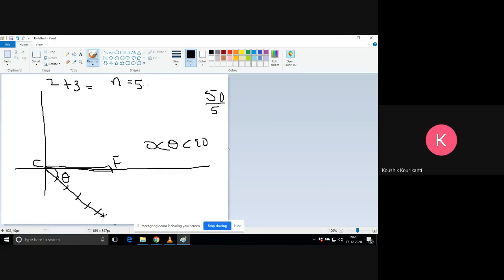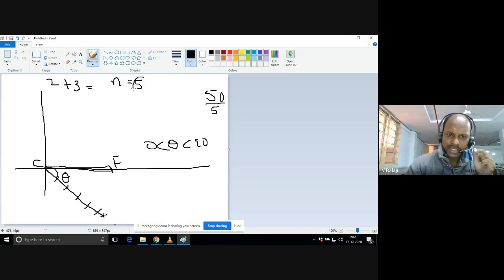5. Why 5? Because we are dividing the line length into only 5 equal parts, since the eccentricity given in the problem is e equal to 2 by 3. That's why you need to take only 5 arcs.